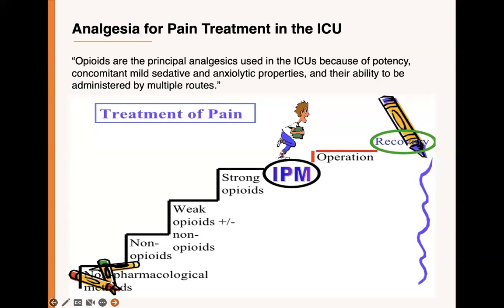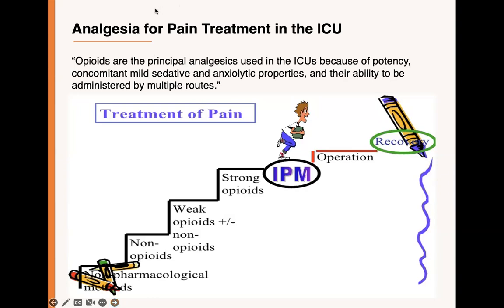So going back to the assessment of pain, after assessing your patient's pain, you need to classify the pain: if this patient has severe pain, mild pain, or moderate pain. And then you come to the WHO ladder. If it's mild pain, you usually manage with a non-opioid. Moderate pain, you give a weak opioid with a non-opioid.